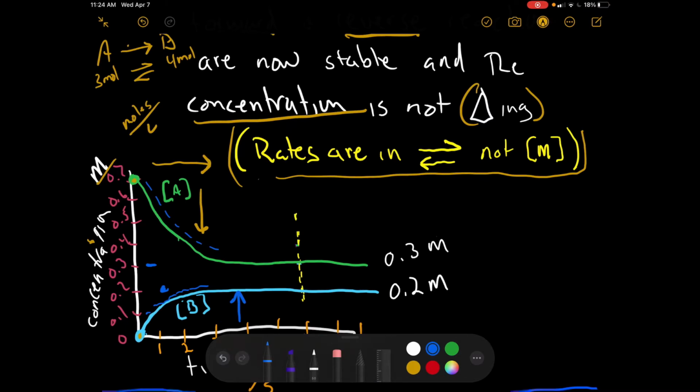And then at some point, this molar concentration no longer changes, and that is what's called the equilibrium point. The forward reaction is happening at a certain rate, and the reverse reaction is happening at a certain rate, but the molarity is staying the same.